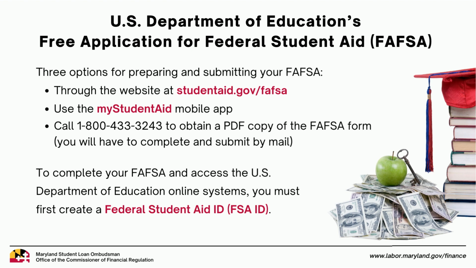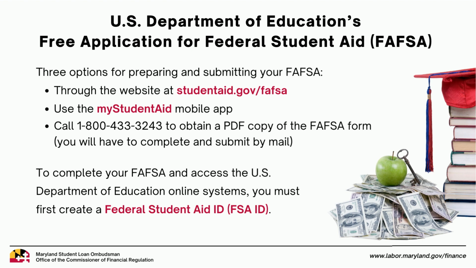Conversely, an independent student is assessed under the assumption that the student does not have the financial support of their parents. In order to determine your eligibility for student financial aid, either as an undergraduate or a graduate student, you must complete a Free Application for Federal Student Aid, or FAFSA, with the U.S. Department of Education.